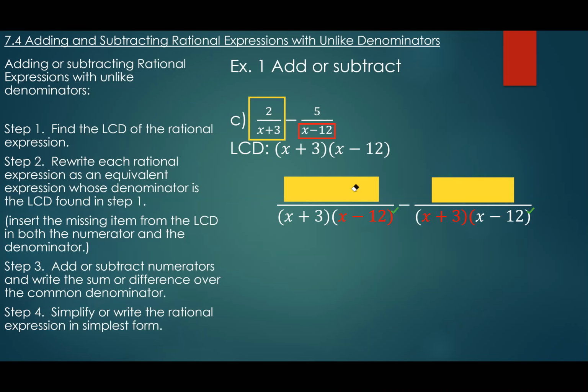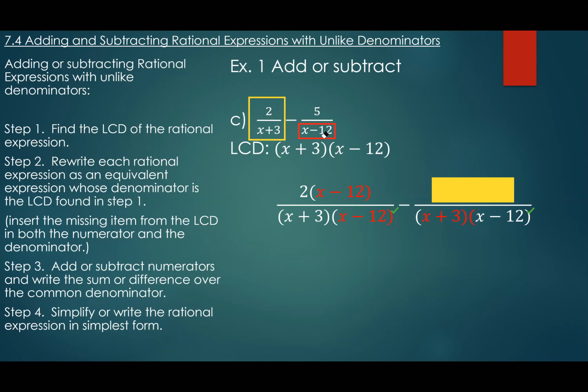How did I do that? Well, if I insert the x minus 12 on the denominator, I need to be fair and insert the x minus 12 on the numerator. What are you missing from your LCD? Well, I'm missing x minus 12. Let me put x minus 12 on the bottom and x minus 12 on top.